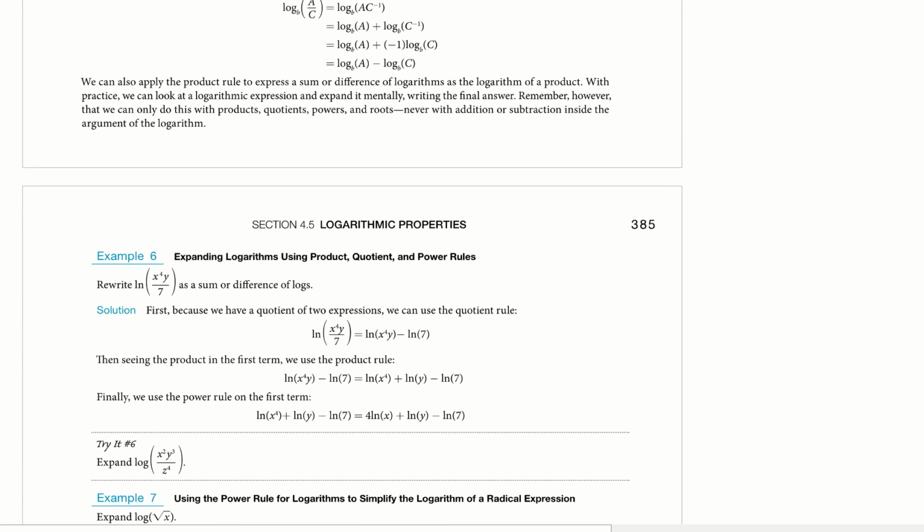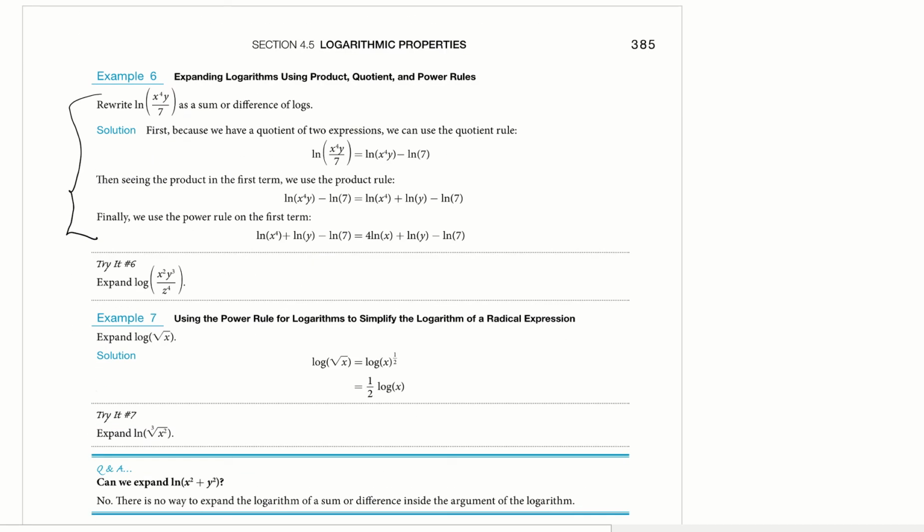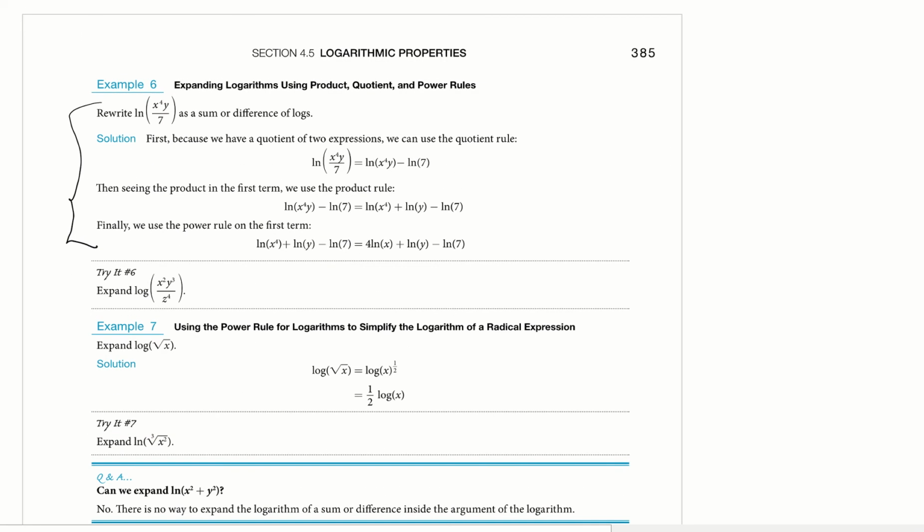Okay, so let's practice all of these together. So here is the book's example. It's a nice example, and we will go over this number 6 one. So we're going to expand this. First, I can use the quotient rule, and we can have log of x squared y cubed minus log z to the 4th.